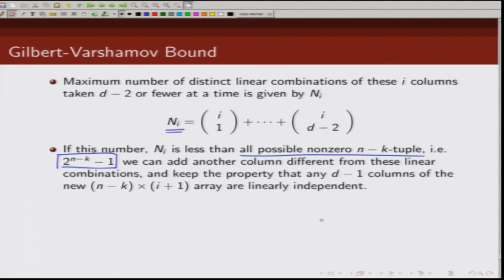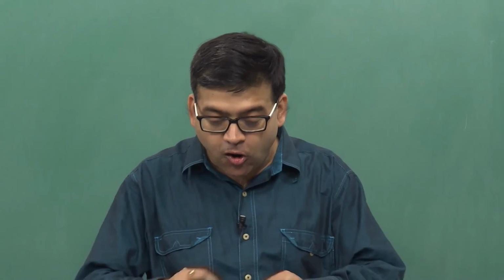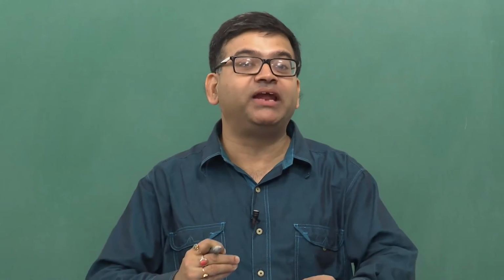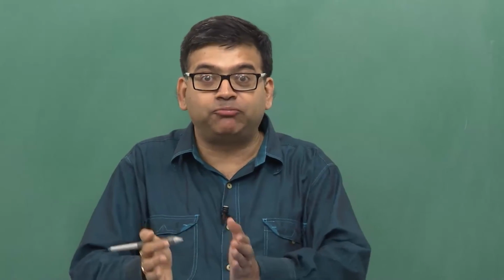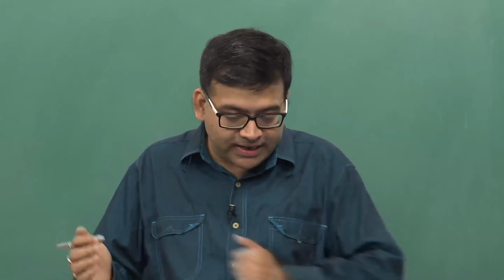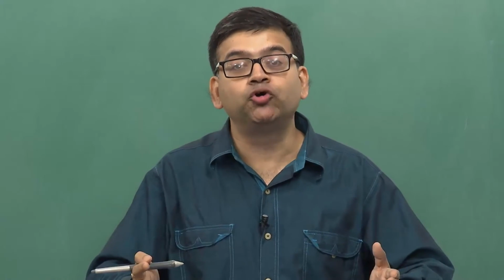So, if this number Ni is less than 2 raised to power n minus k minus 1, it means we can add another column which is different from any of the linear combinations of these I columns taken 1 at a time, 2 at a time, 3 at a time, up to d minus 2 at a time. And this will still ensure that d minus 1 columns of this parity check matrix would not add up to 0.